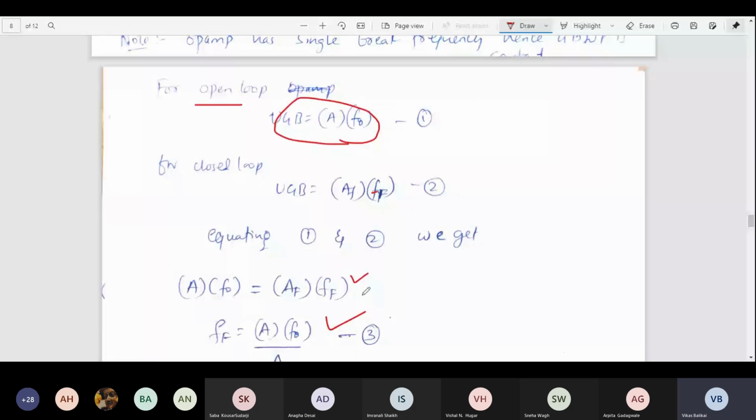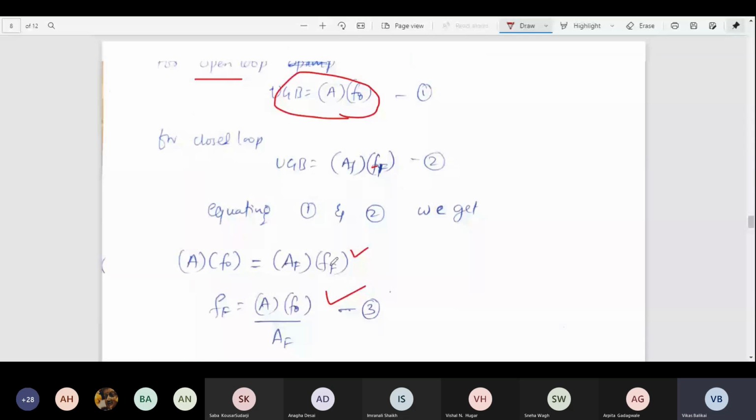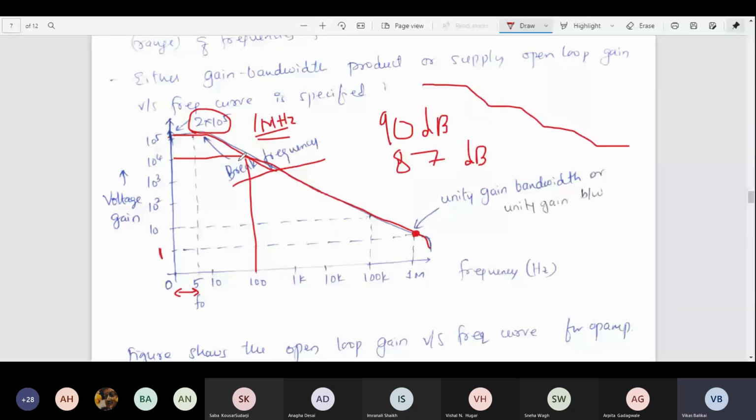Anything that gets multiplied by something, its value increases. So what does that mean? The break frequency with feedback increased, which also means that the bandwidth is large, and which also means that the gain is going to remain for this entire range of frequencies rather than only a small range of frequency. Isn't it very interesting?